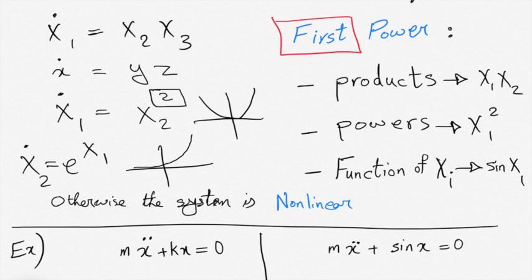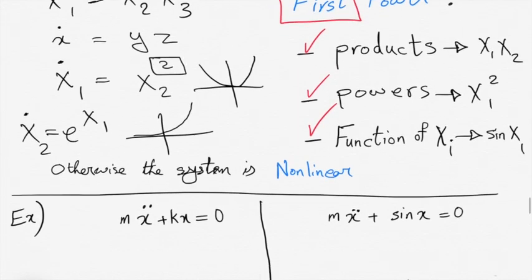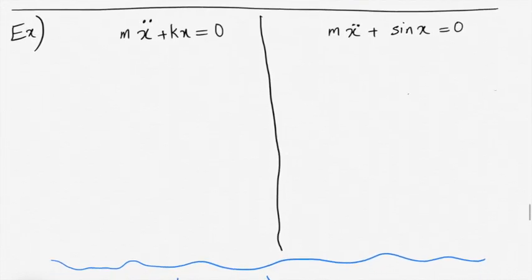And this is not linear. So if it is just first power, then we call it linear. So we should take care about checking these three to find whether a system is linear or not. It should be just first power.